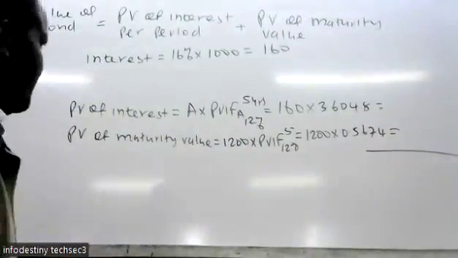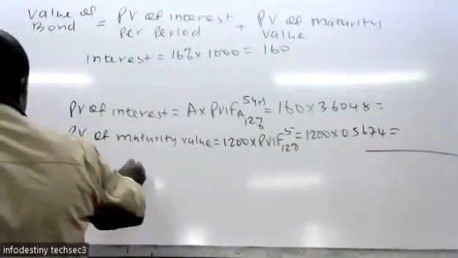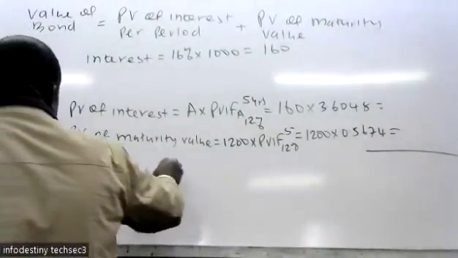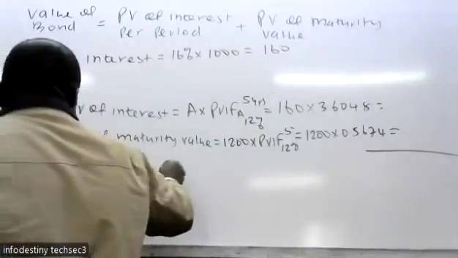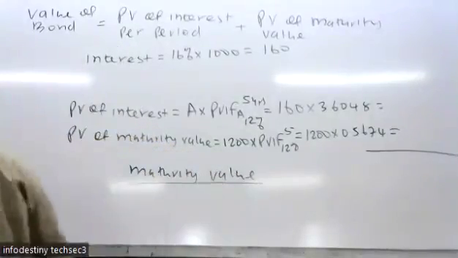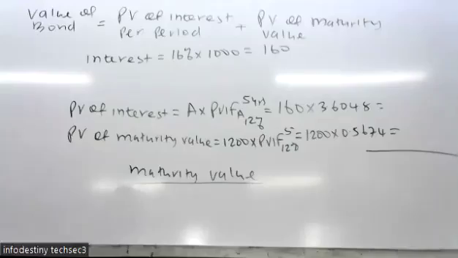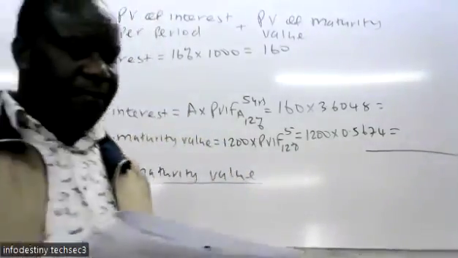So that maturity value, I want us to calculate it down here to see how to calculate the maturity value. So to get the maturity value, they say that the bond can be converted into how many ordinary shares?